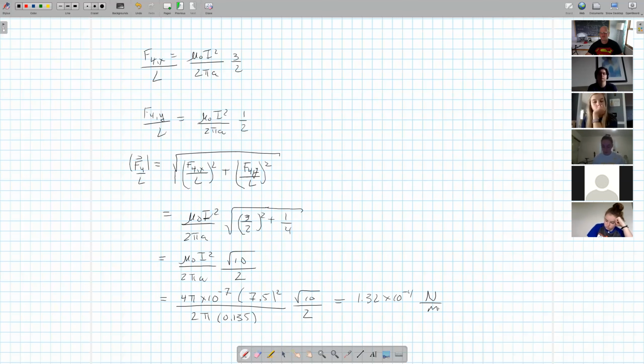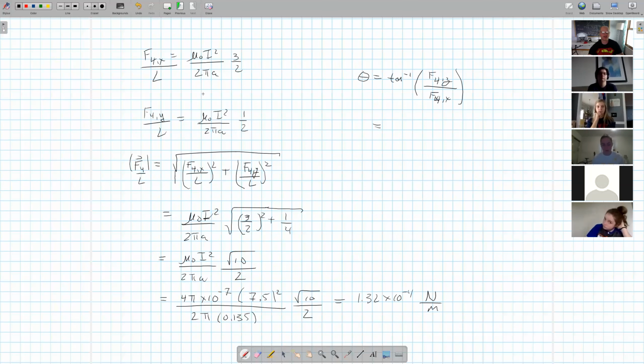The angle is then going to be what? The inverse tangent of the y component of F4 divided by the x component of F4. So now, when I put that in, what I can see is that this prefactor of mu naught I squared divided by 2 pi a is the same, so when I divide one by the other one, that's simply going to go away.